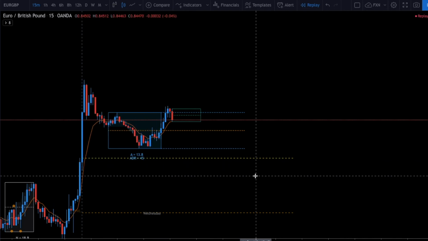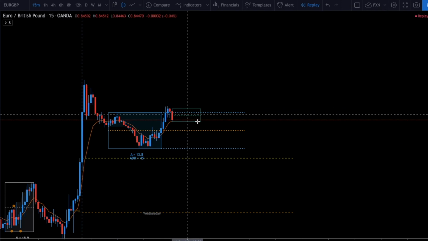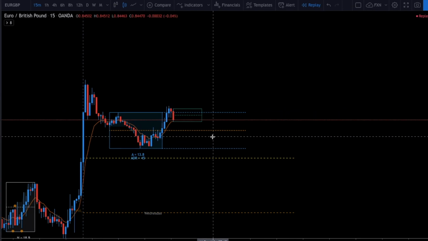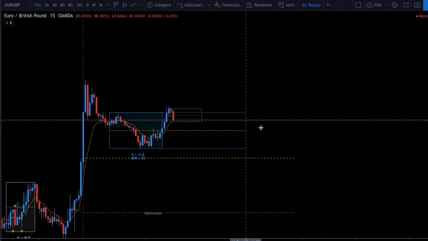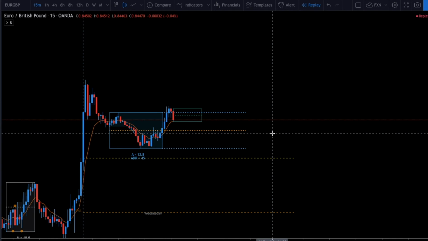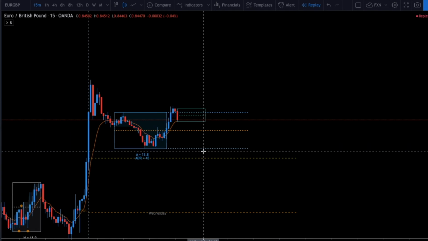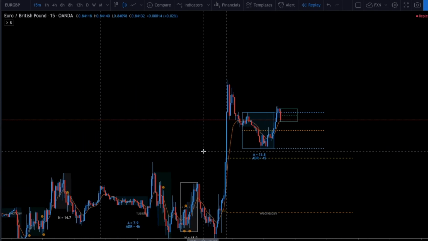That should tell you already that it has moved essentially its average range for the day. So it's very unlikely that it's going to move any more up or any more down, right? You should have a movement that potentially goes sideways or whatnot. So if you see something like that happen, then you already know what you could potentially expect.